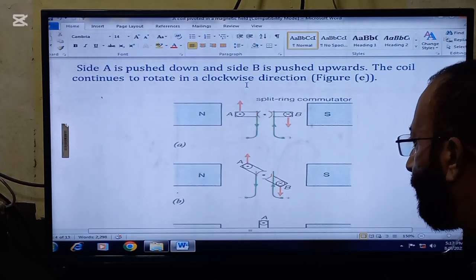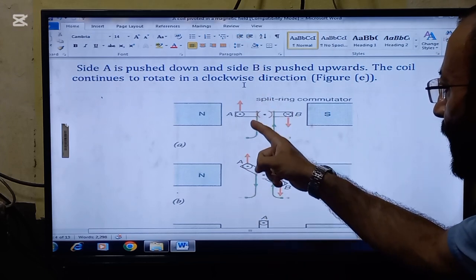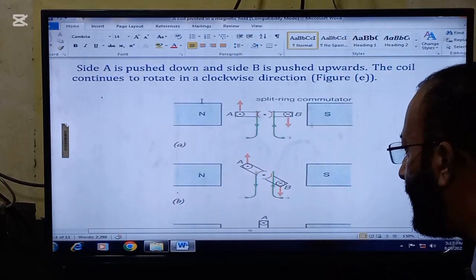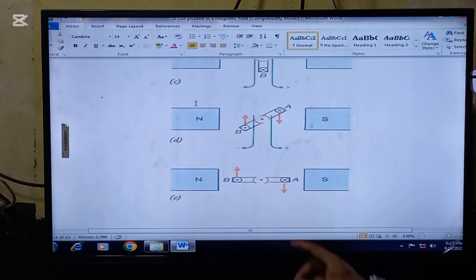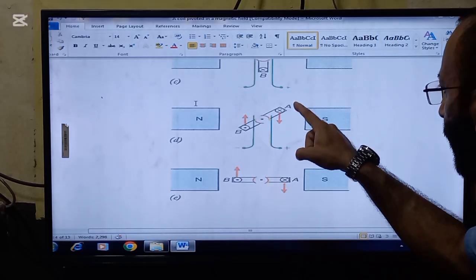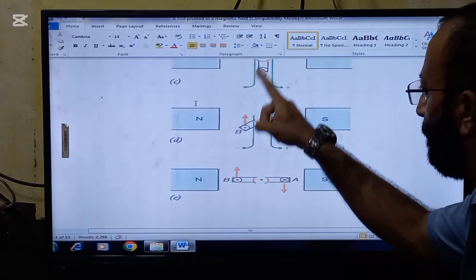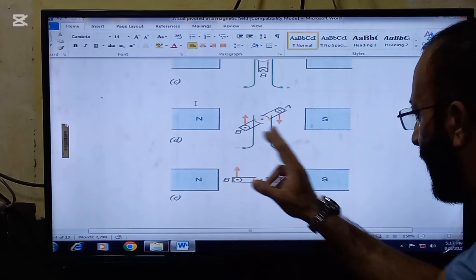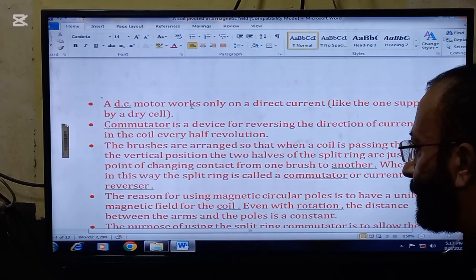At the A position, there was upward force on side A and downward force on side B. But now in the C position, you can see that on A a downward force is applied, and on B an upward force is applied, and this is the way it will continue to rotate in a clockwise direction.